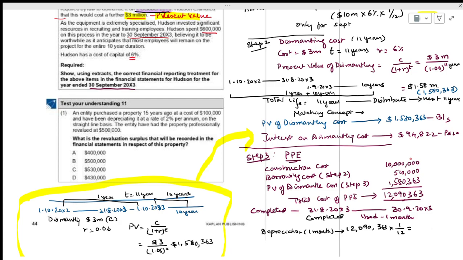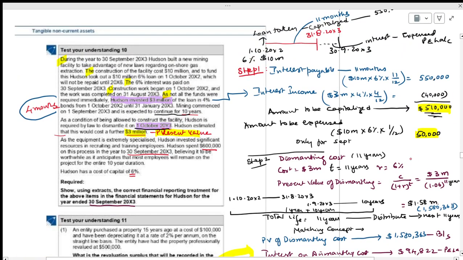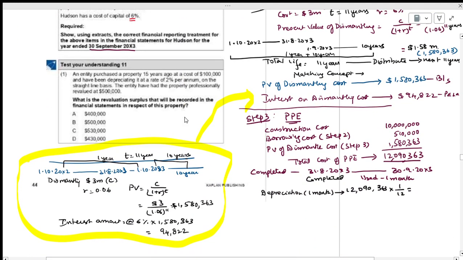Total cost of property, plant, equipment is how much? 12,090,363. Is it right? What is the life of this asset? 10 years. Is it right? We have used it for how much? 1 month.